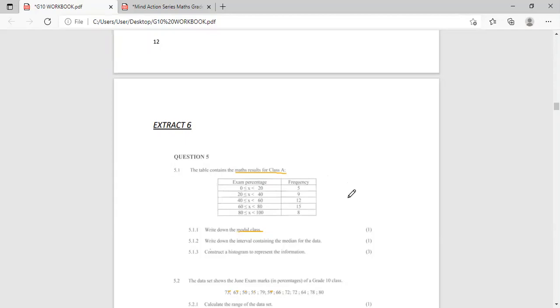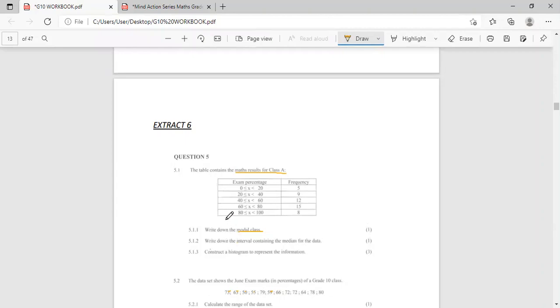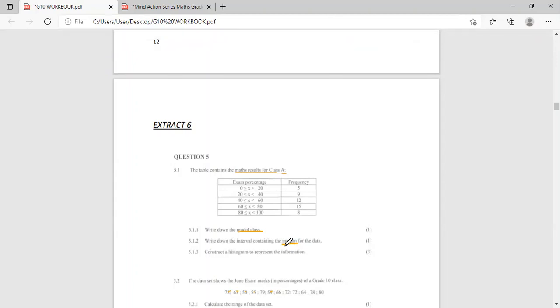Before doing that, please look at the questions first. What are they going to ask? They want the interval containing the median, right? They did not ask us about the estimated mean.